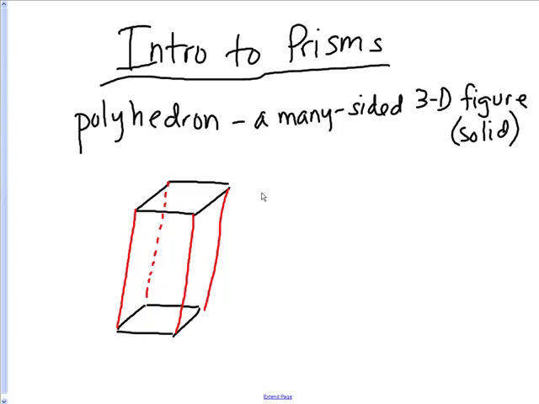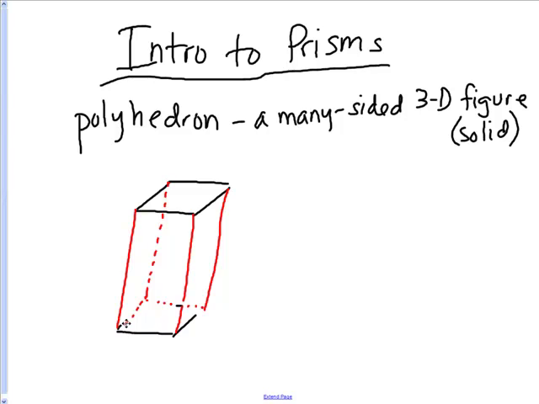Now I'm going to correct this a little bit because this edge here should be in the background. You shouldn't be able to see that. So the solid lines represent what you can see, and the dashed lines represent what's in the figure but on the back side. They're just there so you can see that they exist.